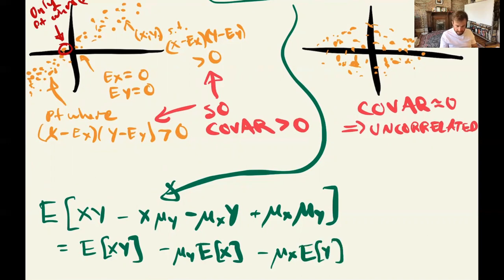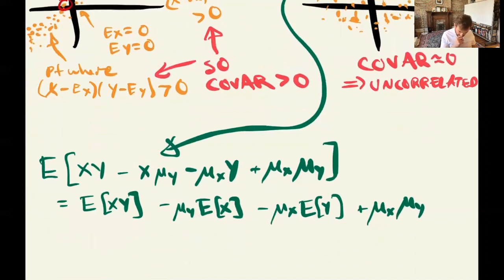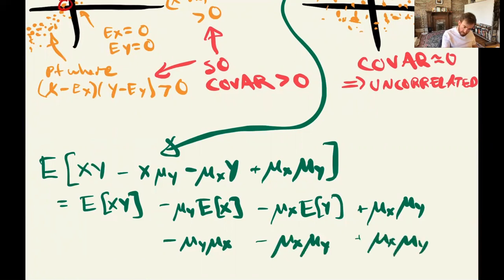And then these are just constants over here. So when I compute the expectation, I just get the number back. So this is plus mu x mu y. And so if I figure this out a little bit more, this is minus mu y mu x, minus mu x mu y, plus mu x mu y. Okay, maybe these cancel, but I still have one of these factors left over.